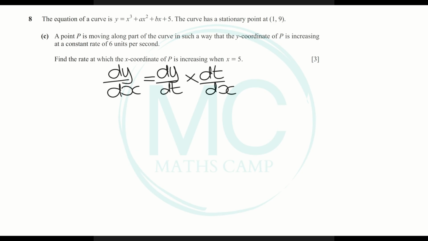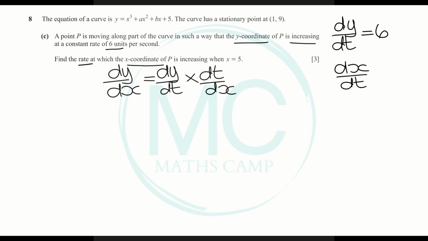The question tells us that the y-coordinate is increasing at a constant rate of 6 units. So dy over dt is equal to 6. It asks us to find the rate at which the x-coordinate is increasing, so we need to find dx over dt. This is our unknown value.